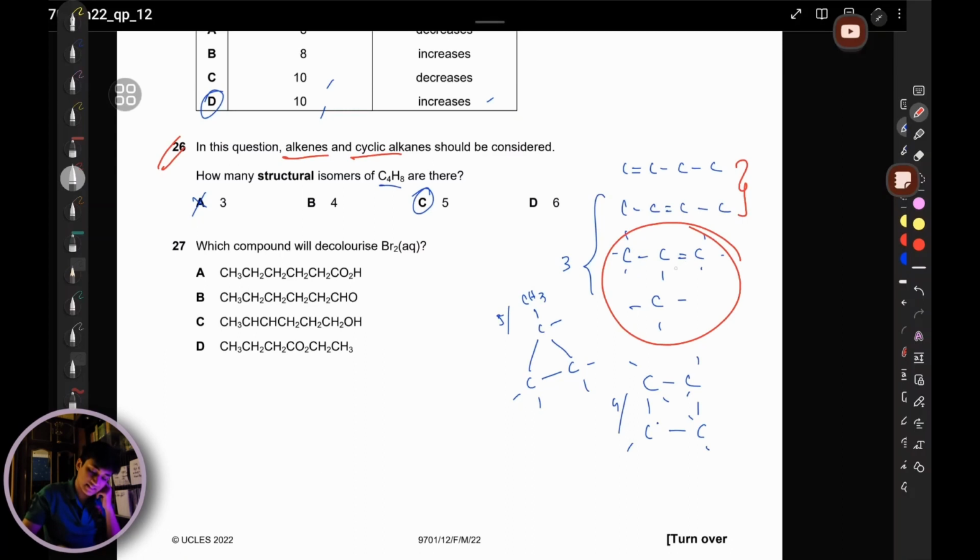Because if you move this double bond, put a single bond over here and move the double bond over here, this is the exact same thing rotated in this manner. Therefore, this is the same thing as this, which is why, where you have already branched the structural formula, you cannot have different molecules.